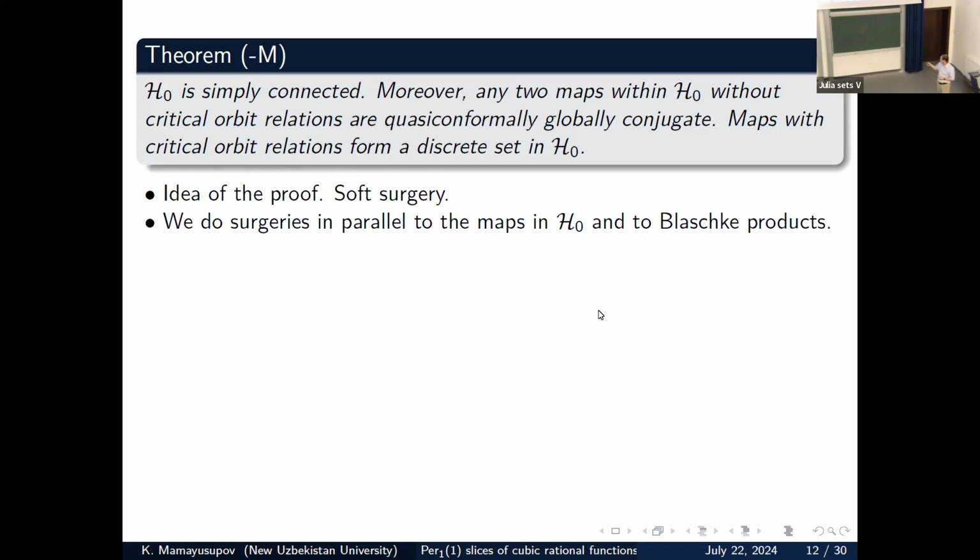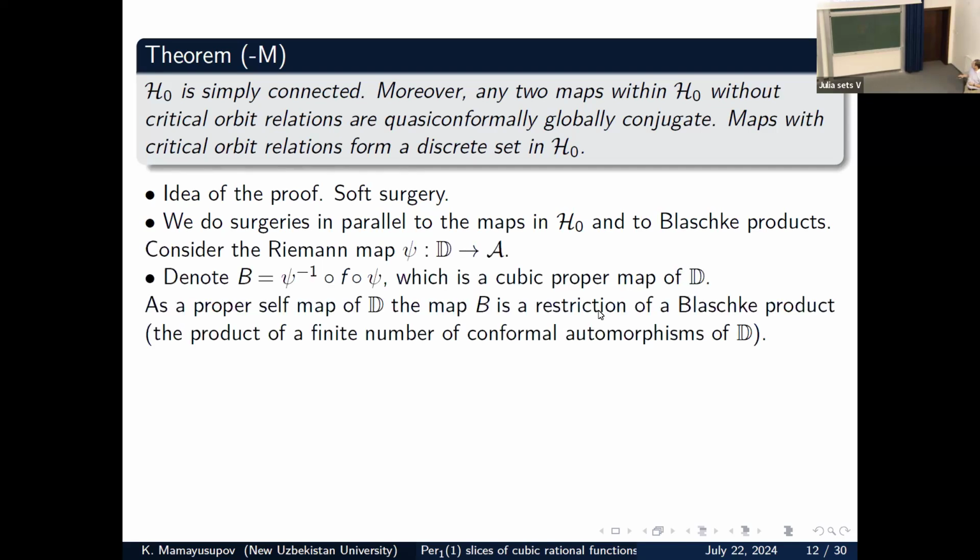But here, everything is inside this Blaschke product, which I give you the parameterization. So now you consider some Riemann map. So you have the immediate basin. You have a Riemann map sending it to the unit disk. And now if you consider this conjugacy, it gives you a cubic proper map of the unit disk. And that gives you the Blaschke product.